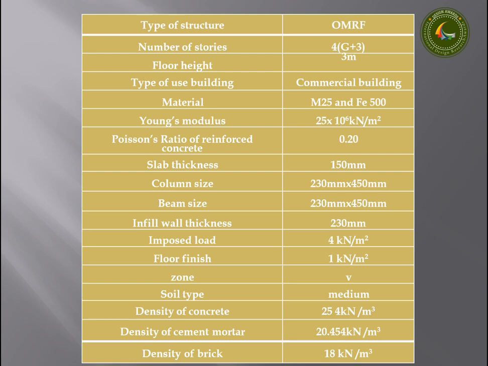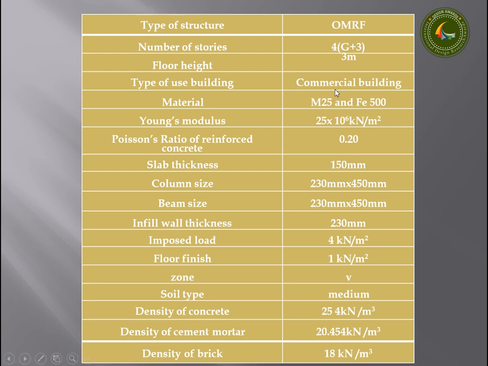In order to check the effectiveness of software and for the manual calculation, I have considered this data. I am considering a type of structure as OMRF, which has G plus 3 stories with a floor height of 3 meter.